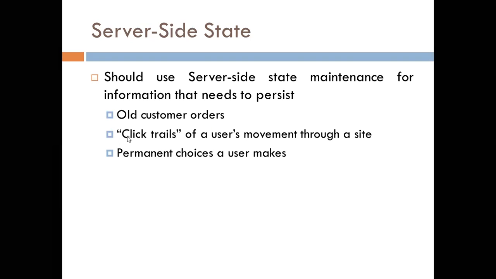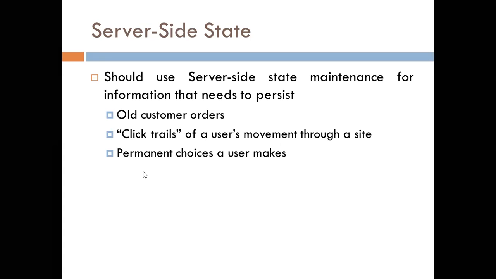So each website is capable of storing click trails. Click trails means the user's movement on the website, from which page you navigated to which page, and all that information can be stored. It also stores the permanent choices a user makes.